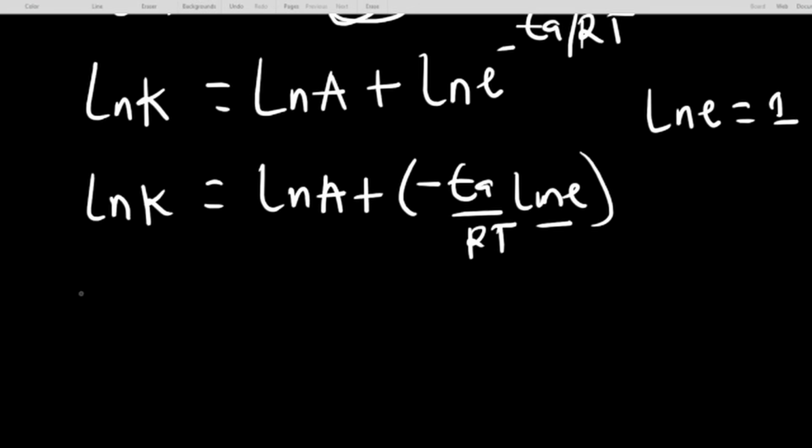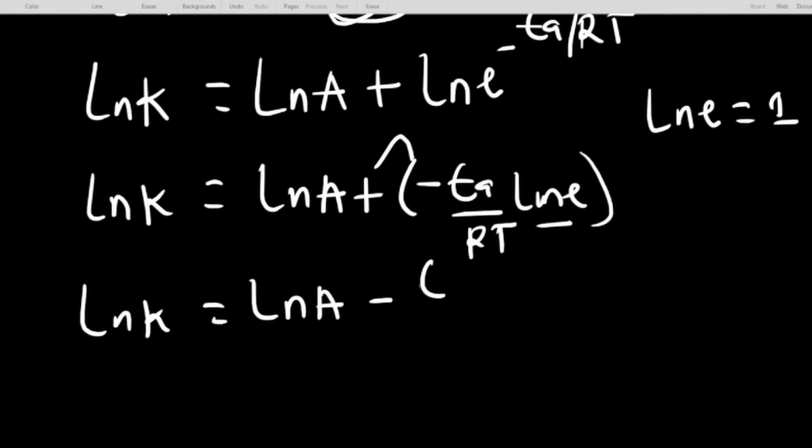So this means that we have the natural logarithm of k equals ln A, minus, since the plus times the negative gives us a minus, Ea over RT multiplied by 1.